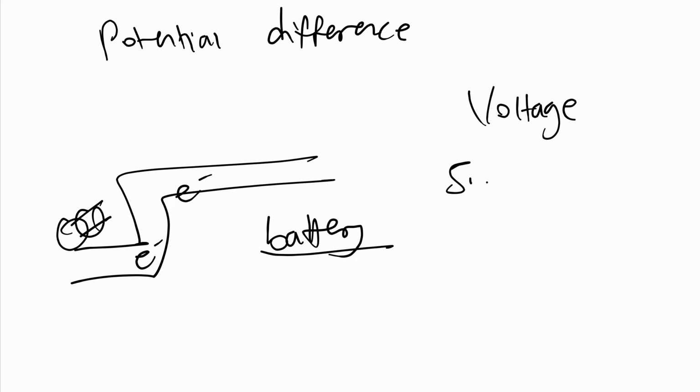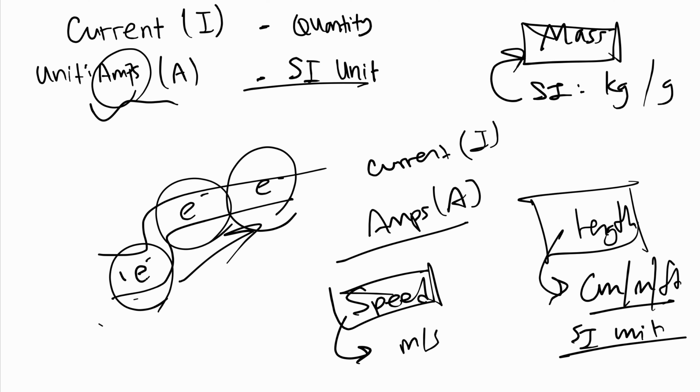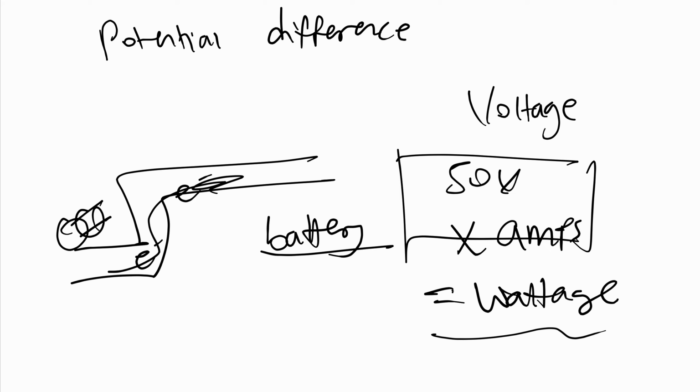So if you have 50 volts, that's the power driving the force of these electrons. You might see that 50 volts in, say, your laptop. It's going to be 50 volts multiplied by the amperes to get the wattage. Remember amps? Amps is just the measured flow of electrons, right? And voltage is the energy that's pushing it. So if you multiply the two together, you're going to get your wattage.